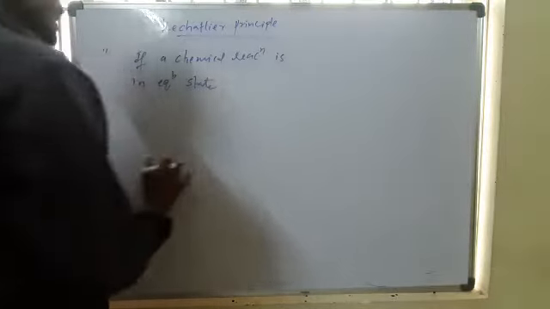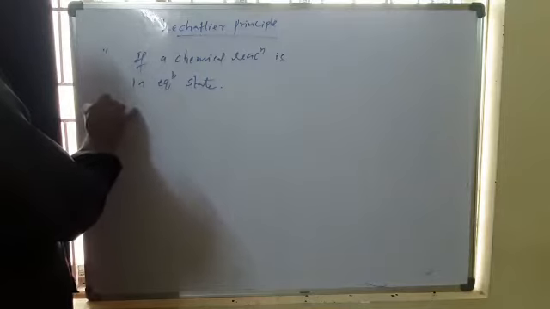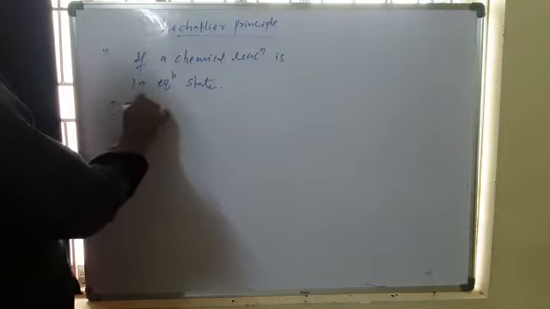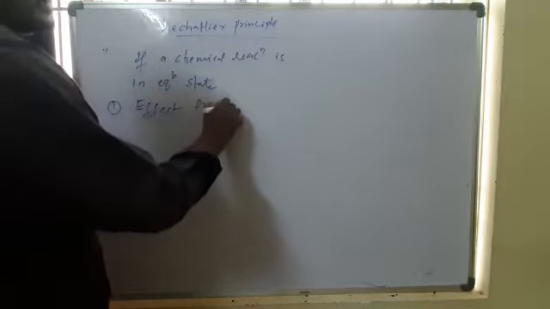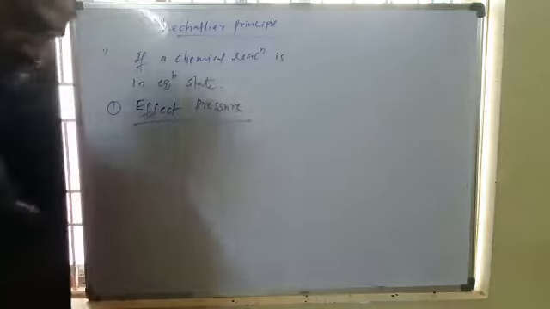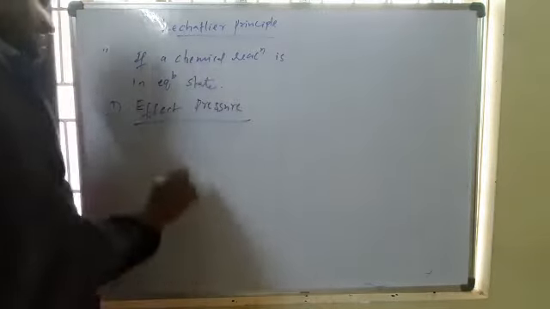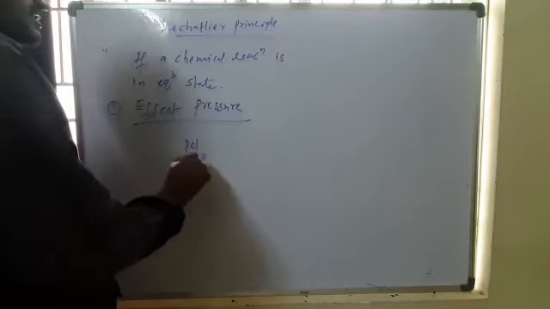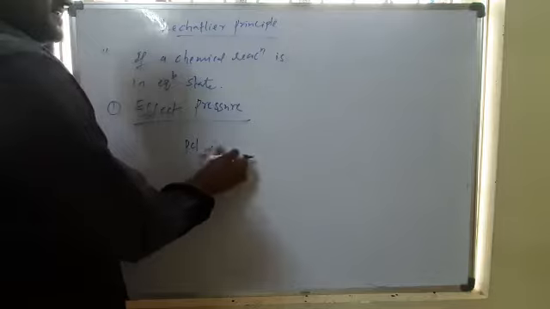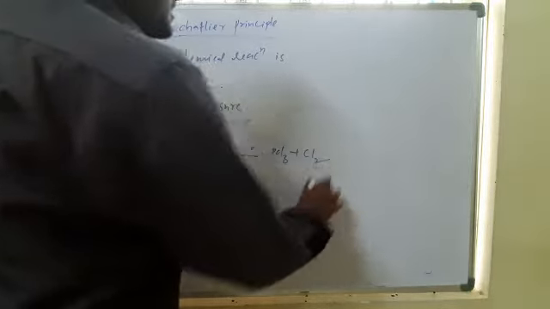So first, the effect of pressure. If a chemical reaction is at equilibrium state, for example, if you take the PCl5 decomposition reaction, PCl5 when decomposed gives PCl3 plus Cl2 gas.